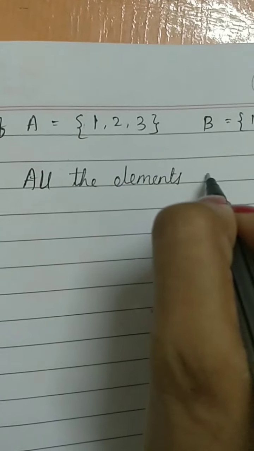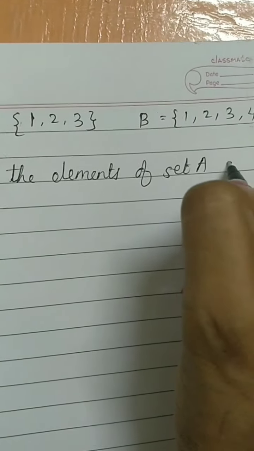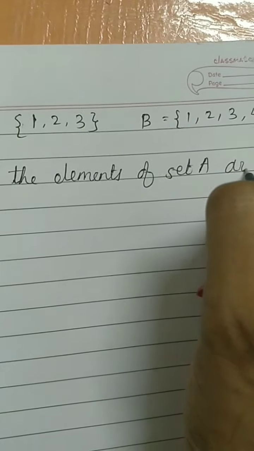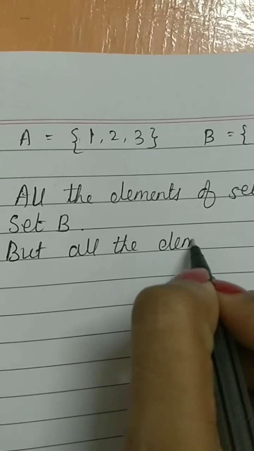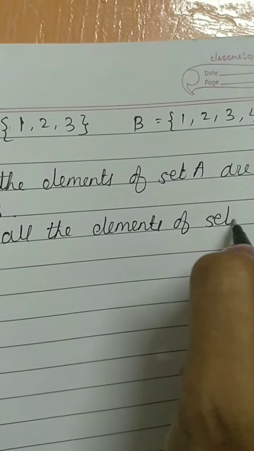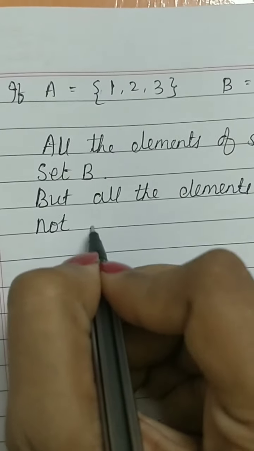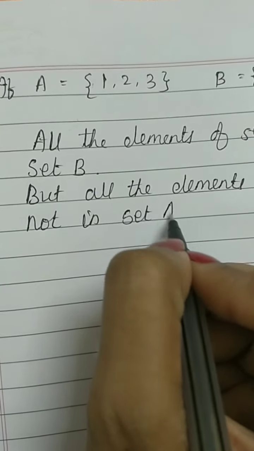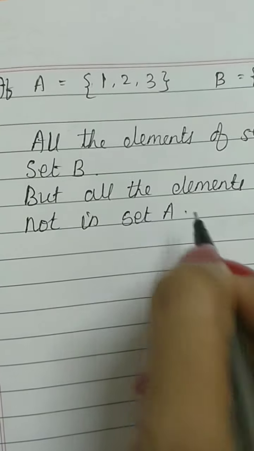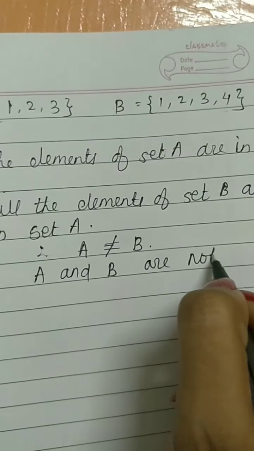All the elements of set A are in set B. Okay, but we have a 4th element here which is not in A, so all the elements of set B are not in set A. So therefore A is not equal to B, and that is A and B are not equal sets.